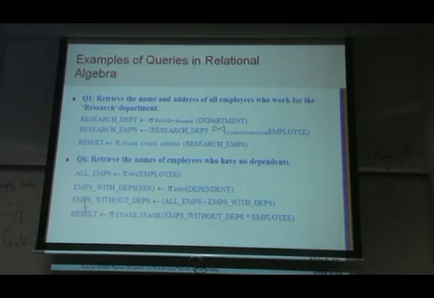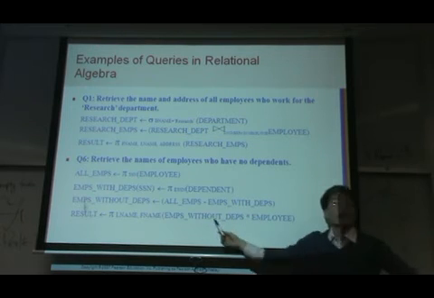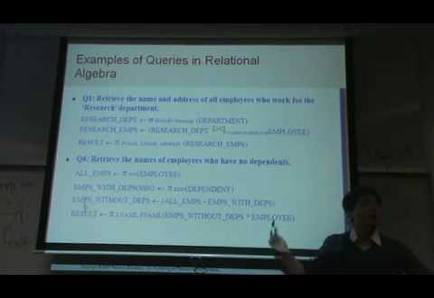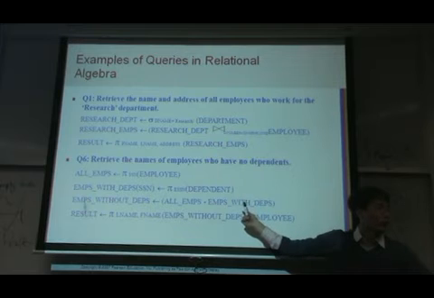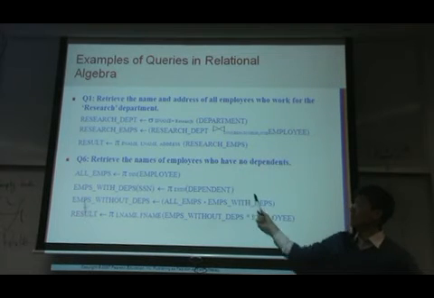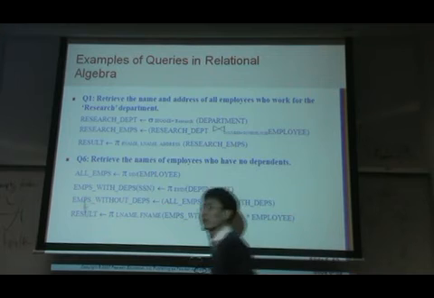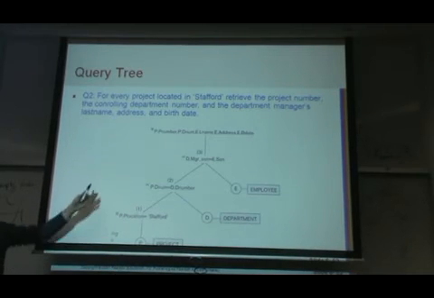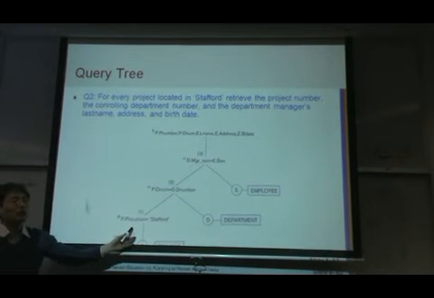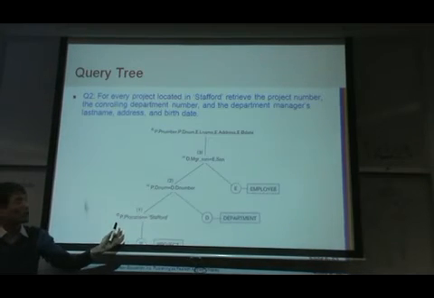At that time, the DBMS uses the relational algebra expression. Why? Because we can see clearly the step by step. That is actually the query tree, this one. We can use the tree structure to represent the way of accessing the data.